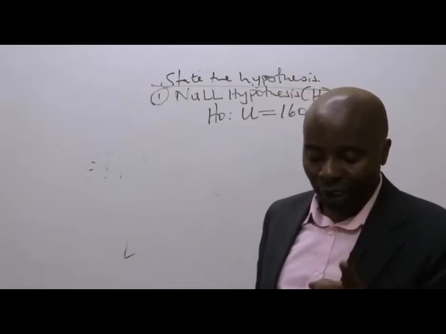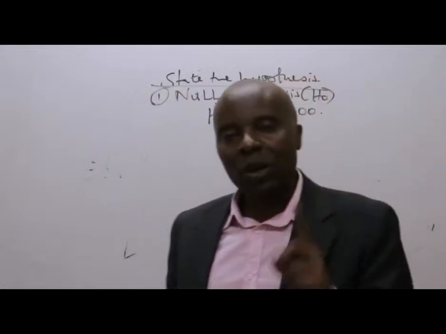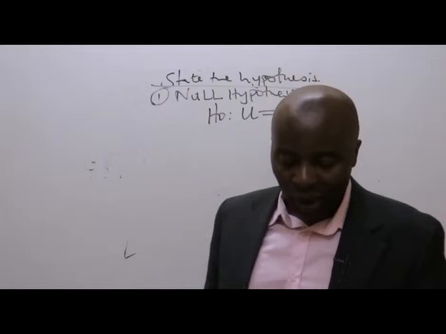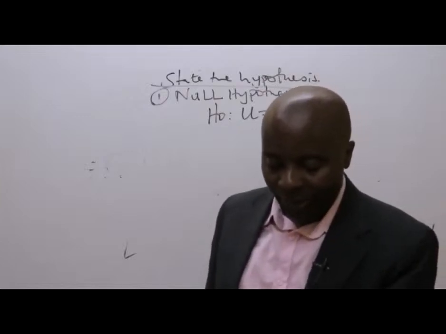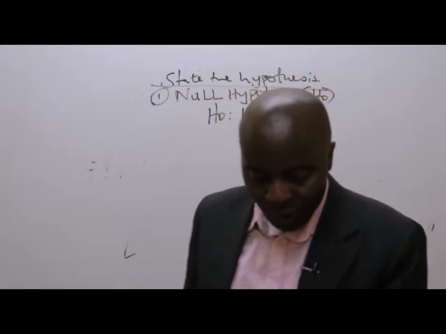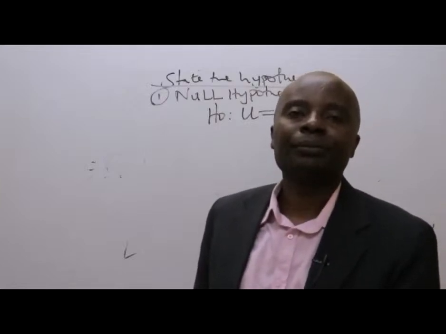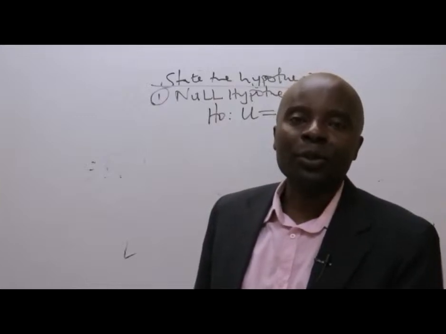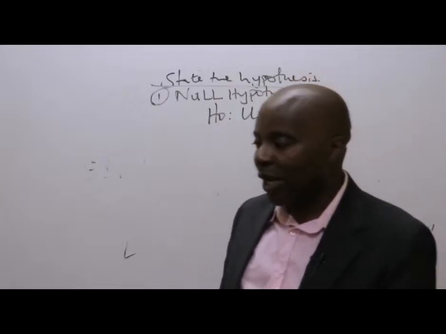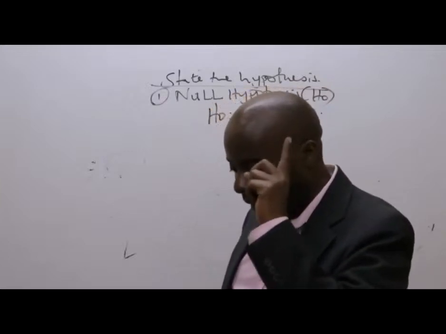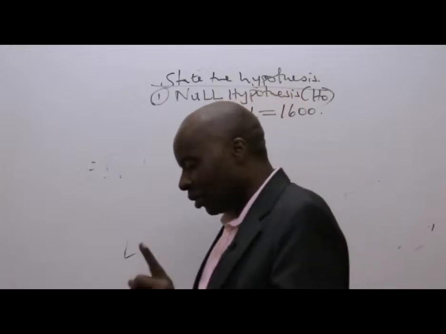The claim they are making is the one of 1600 hours. They are asking us to test the hypothesis that the mean lifetime of the tubes produced by the company is 1600 hours. But we know that in reality, away from the claim, the tubes could stay up there either for less time or more time.